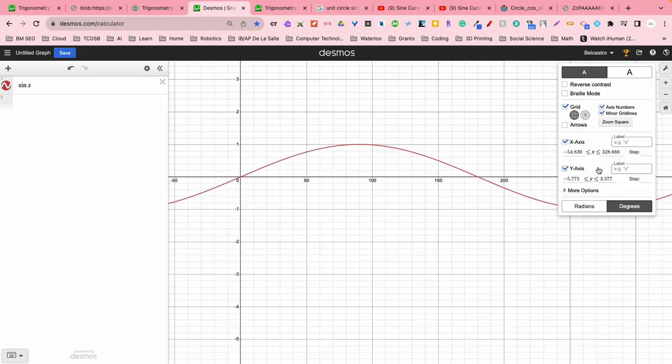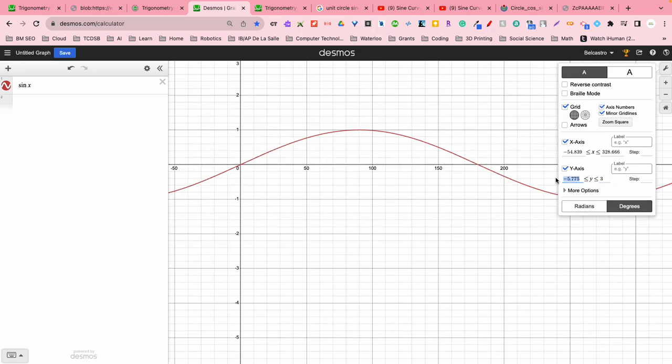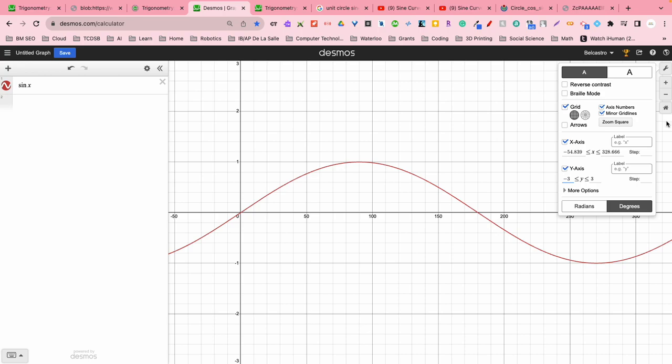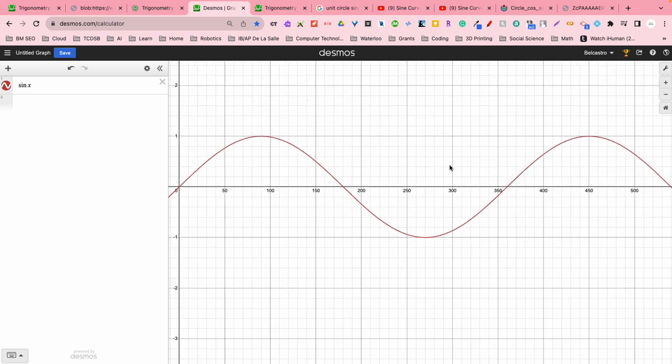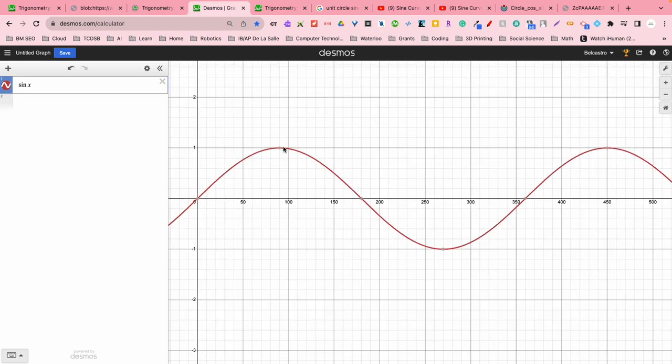Let's change this to 3 and -3, and make this go to 500. There we go. That's a little more wave-like. This is what we mean by a periodic function. A key part of this is there are 5 key points in one period.